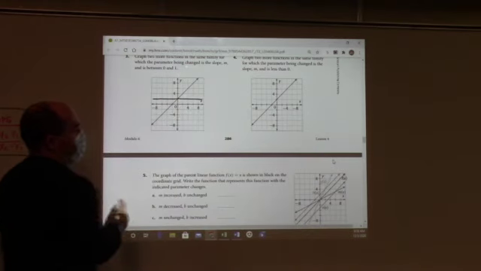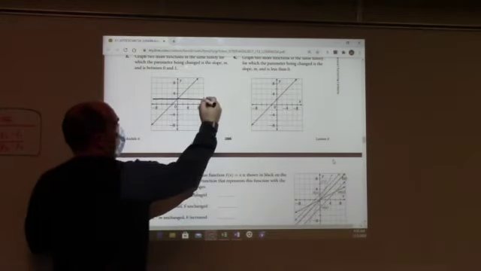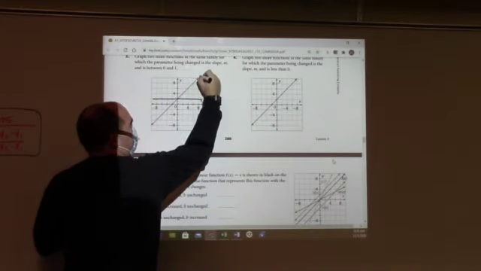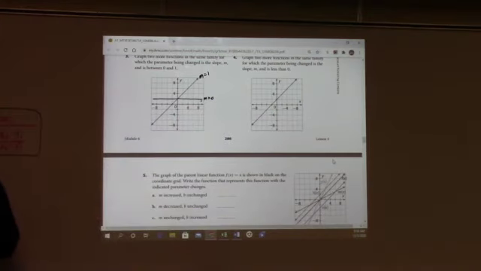So that black line is not part of the answer, it's just part of me figuring it out. So if I have a 0 slope, then that's a horizontal line. This line that's already drawn, the slope is 1. Does everybody understand that? Now, this should be fairly simple at this point.